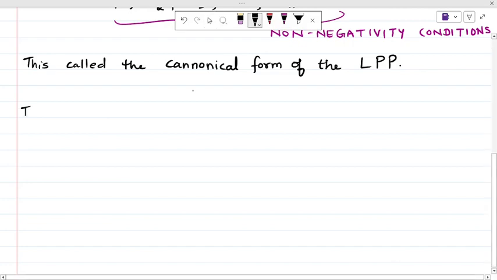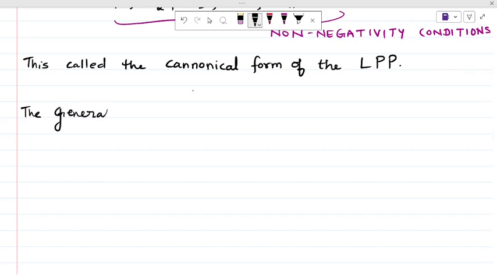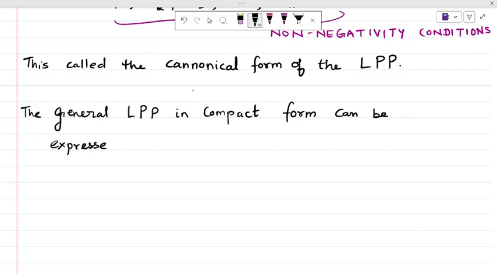The general LPP in compact form can be expressed as follows. I'll label this compact form, and here I'll also label the canonical form so that you remember.